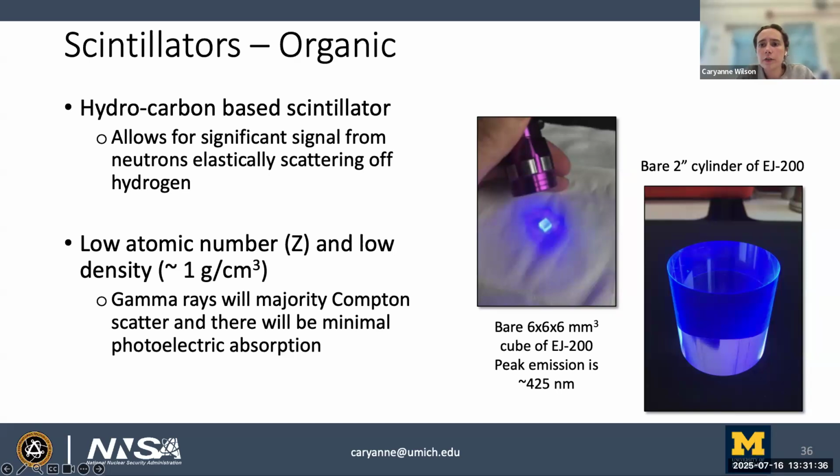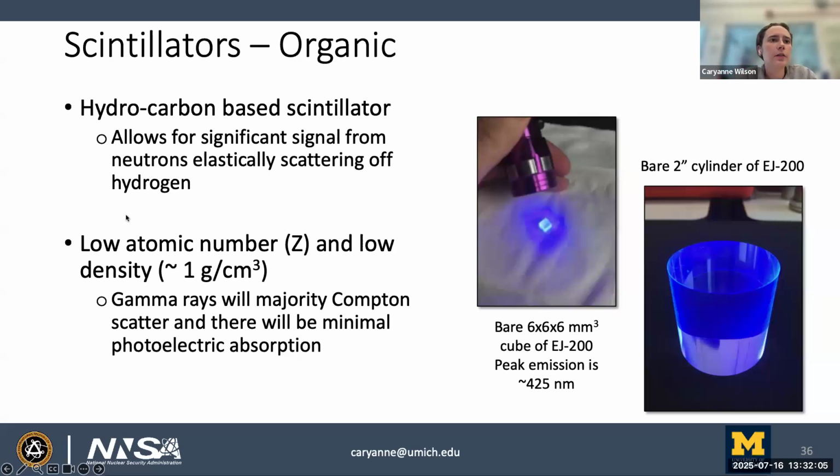The neutrons will also interact with the carbon and scatter off of that, but because the carbon is much heavier, the light output from the recoiling carbon nucleus is extremely quenched. Gamma rays also interact with this detector by Compton scattering off of electrons, which can also induce scintillation.